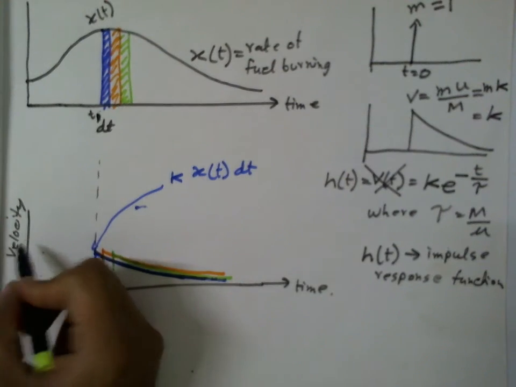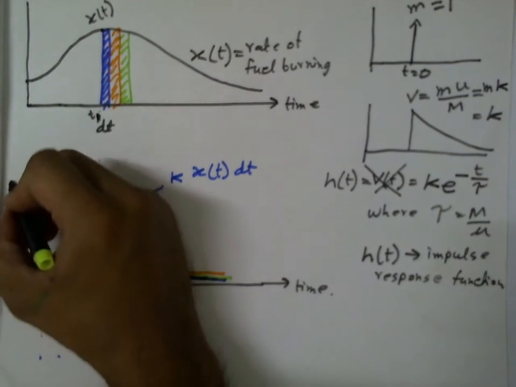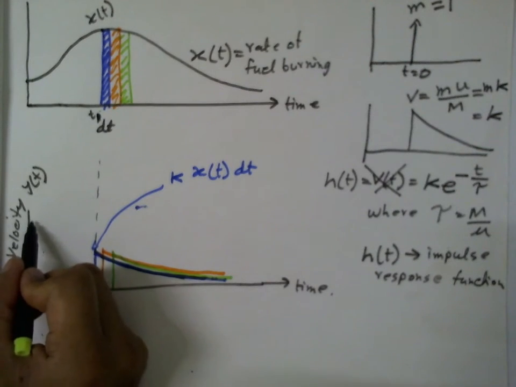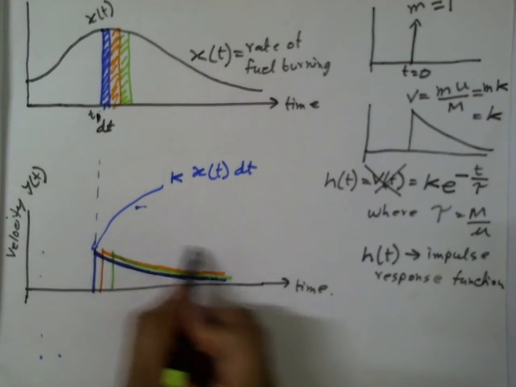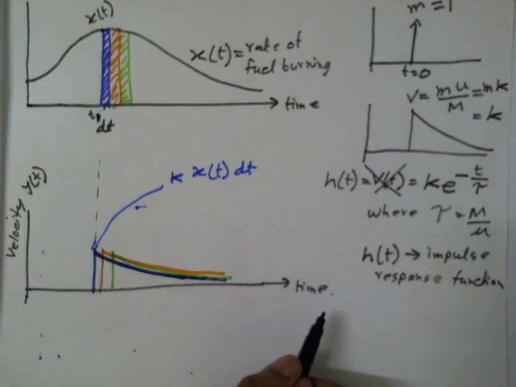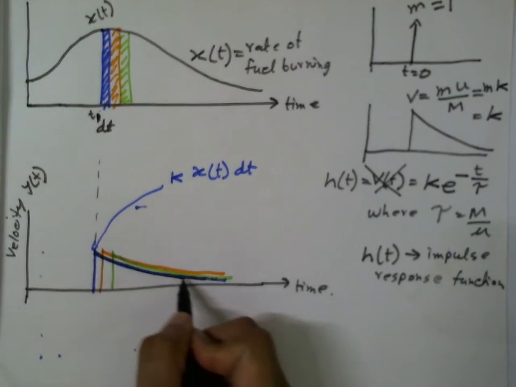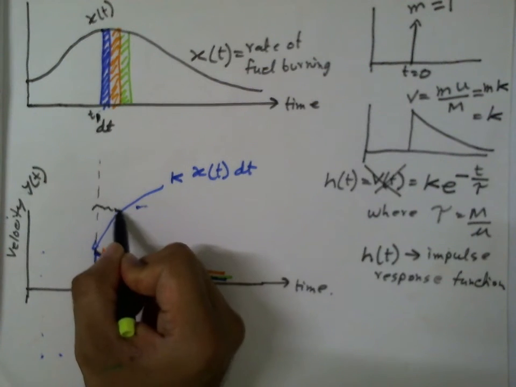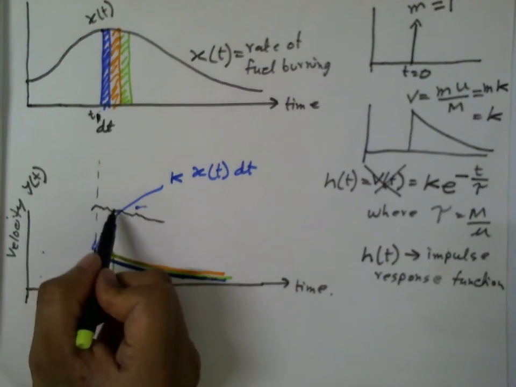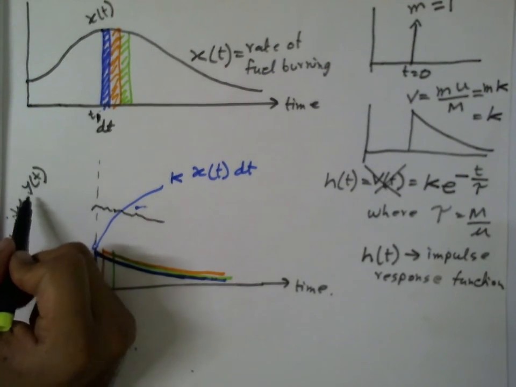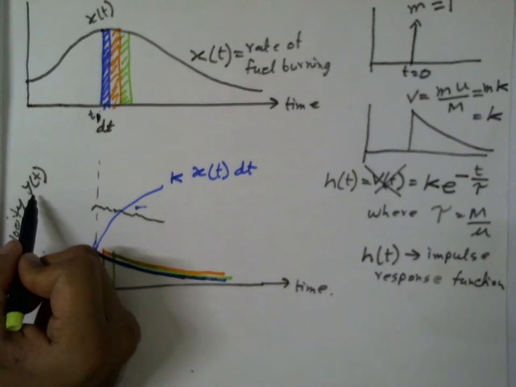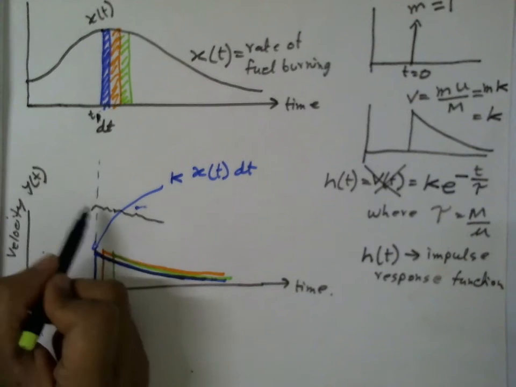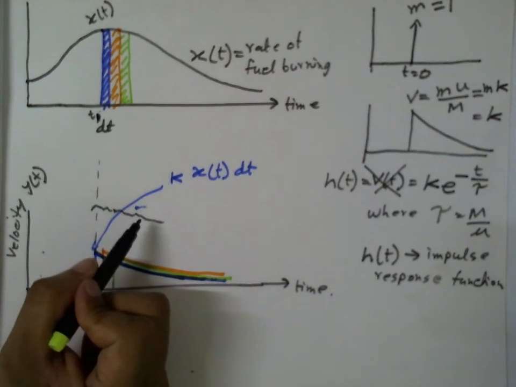I'll now also use the symbol y(t) for the final velocity after adding these individual components. So when I add them, this is the final velocity. The symbol y(t) is customary, standard in electrical engineering and control systems, to denote the output or response of anything.